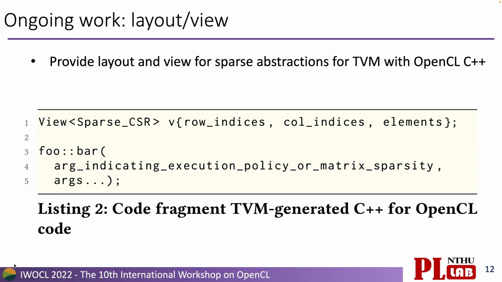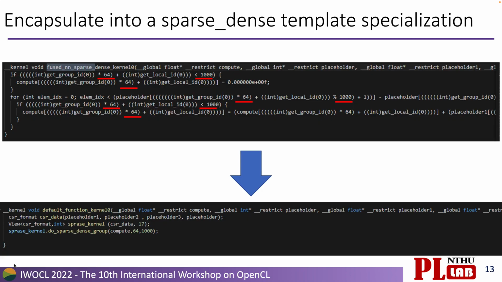And we have some ongoing work here. We want to provide layout and view for sparse abstractions for TVM with C++ for OpenCL. It's basically a class template parameterized with a sparse matrix compression format, such as on this slide.